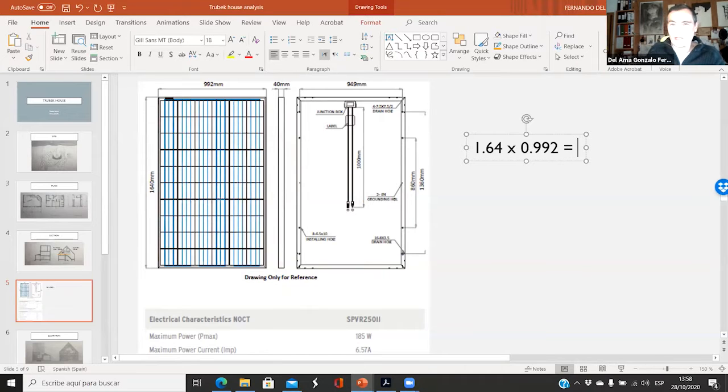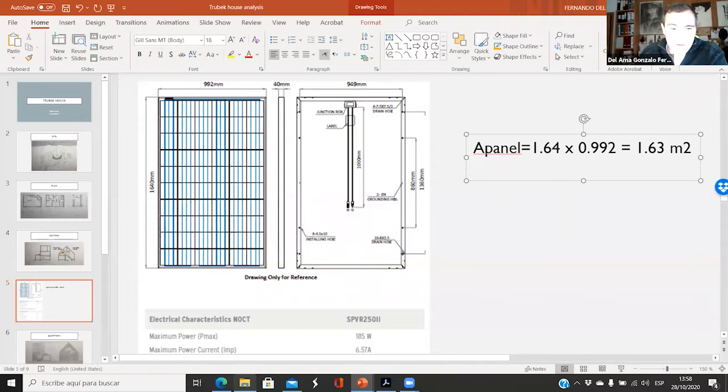Okay, so I need to calculate this area, the area of a panel. The area of a panel is 1.64 times 0.992. It's 1.63 square meters.